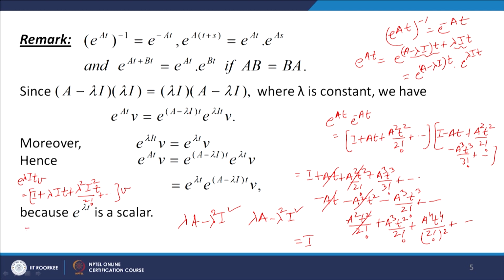So what you get is b plus, okay, I b equal to b, and then lambda t into b, I b equal to b again, then lambda square I square t square, so lambda square t square I square into b is b. So lambda square t square by 2 factorial into b and so on.